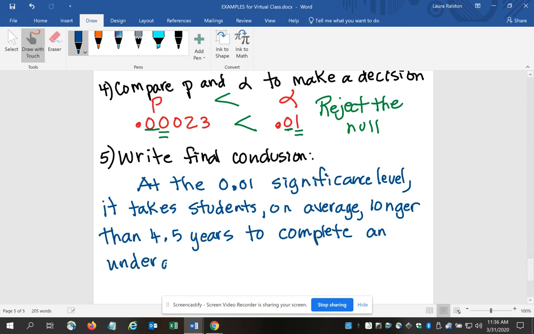Now, there's various ways you can say that, but ultimately, you have to say that it takes longer because we rejected the null. And so we have to state it in terms of the alternative.